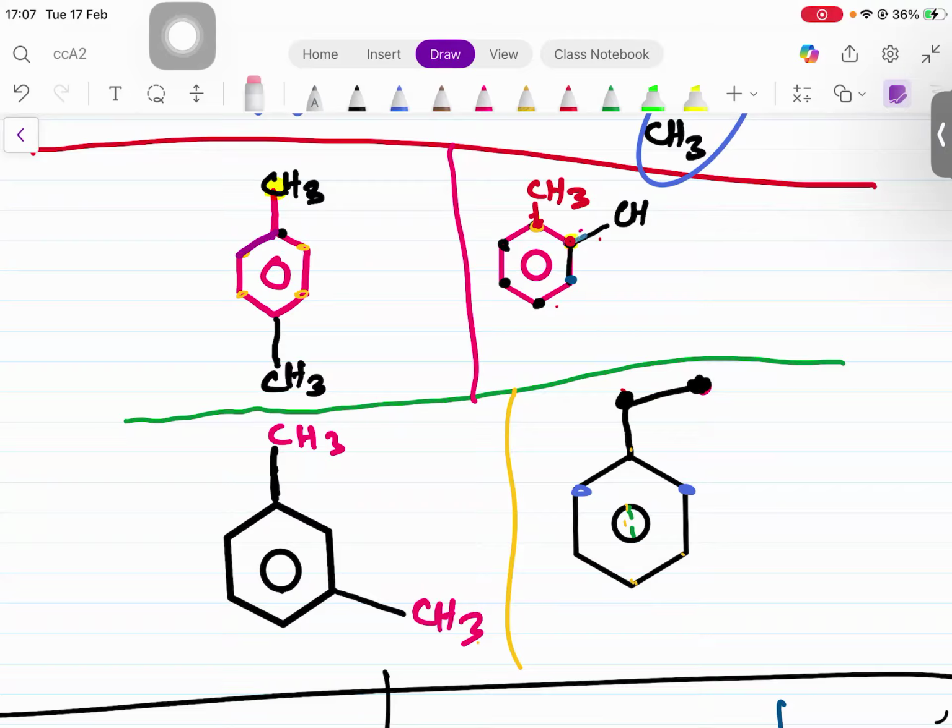Please draw the peaks. First, draw the structure and then tell me the peaks. Or those on Zoom, you have to draw.